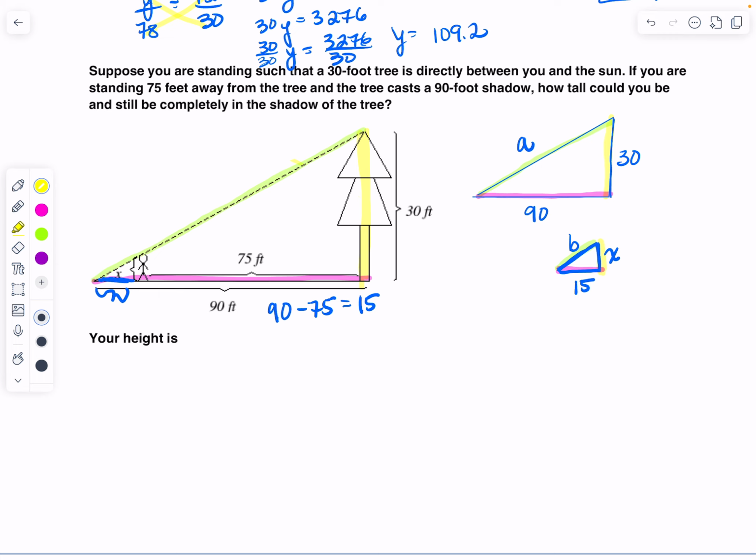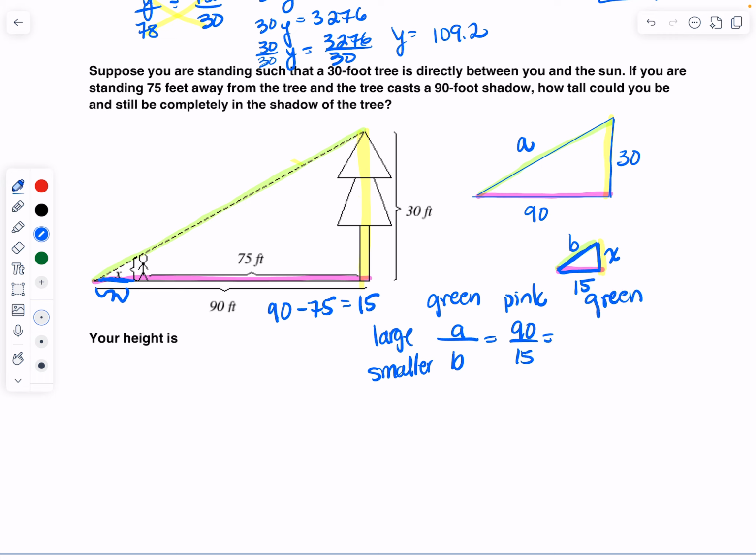Okay? Now, if I put the ratios, I can write them out. So let's do green. So green with a larger triangle, so I'm going to put large over small. So the larger triangle green was A over smaller, which is B, and it's equal to pink. The larger triangle is 90 over the smaller one, which is 15, which equals green. I just did green.